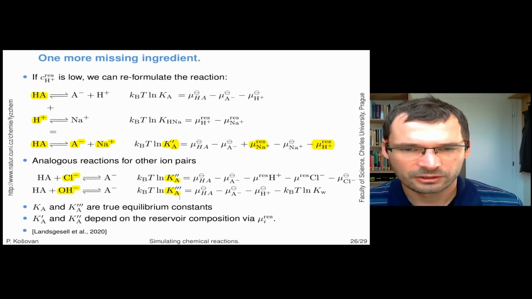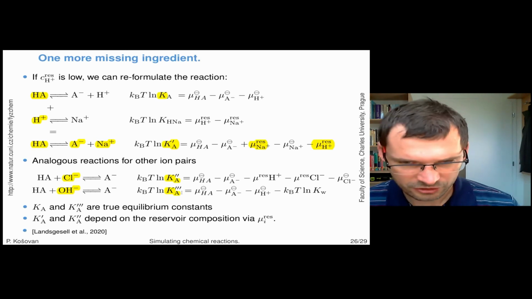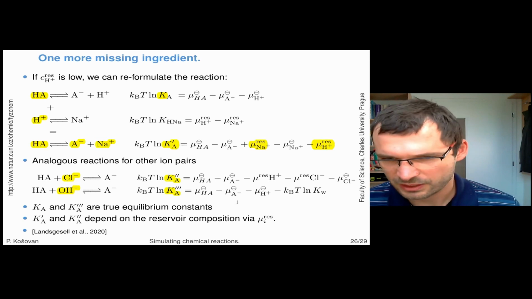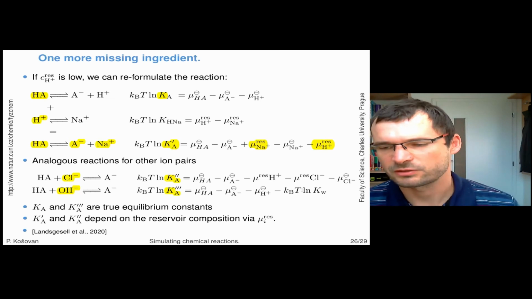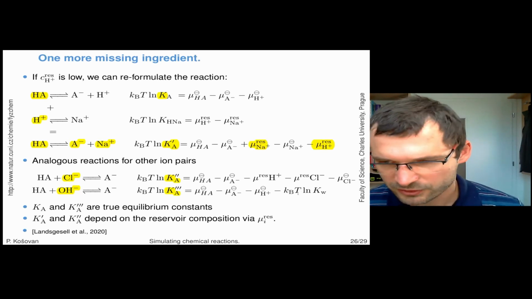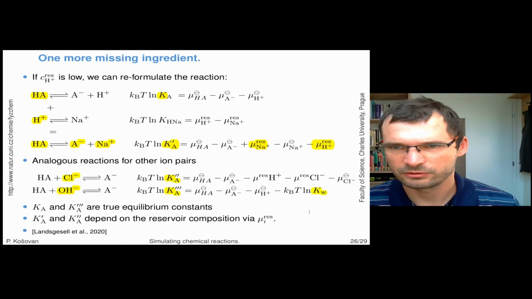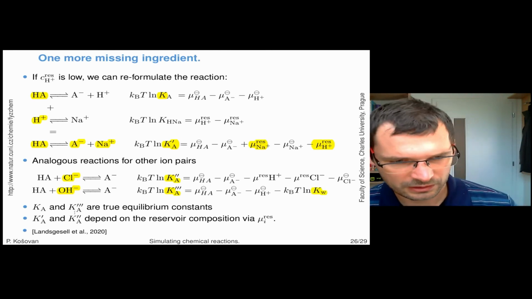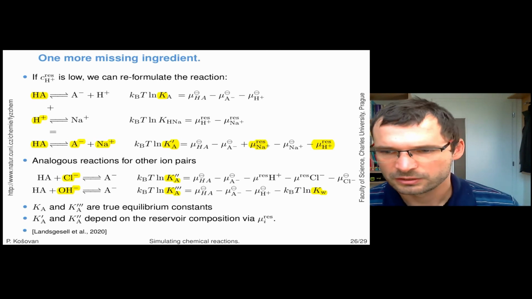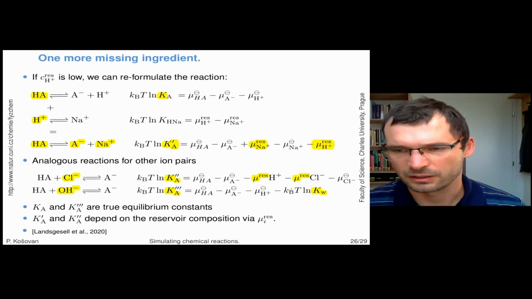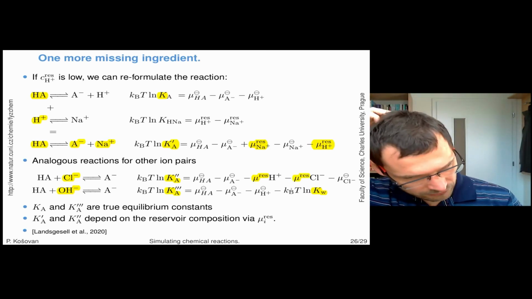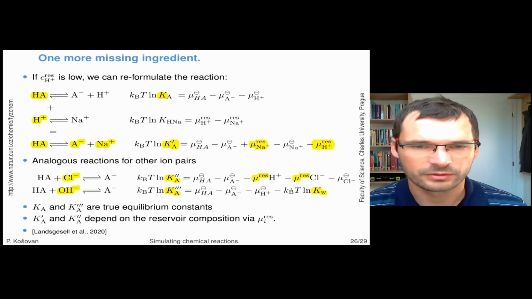When looking at this set of four equilibrium constants, Ka single, double, and triple dash, I should recognize that only the Ka and Ka triple dash are true equilibrium constants, because they depend only on the reference chemical potentials and on the value of Kw, which are constants. On the other hand, Ka single and double dash depend on the reservoir composition through the chemical potentials of ions in the reservoir. Therefore, they are not true equilibrium constants.